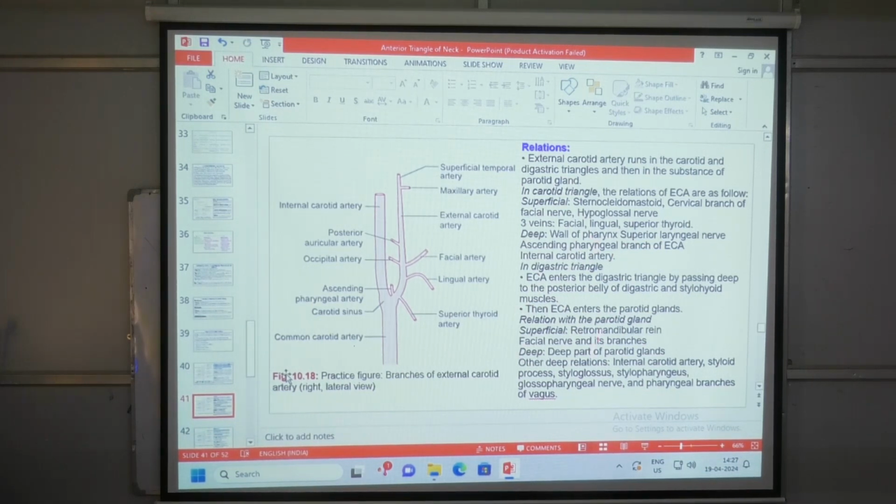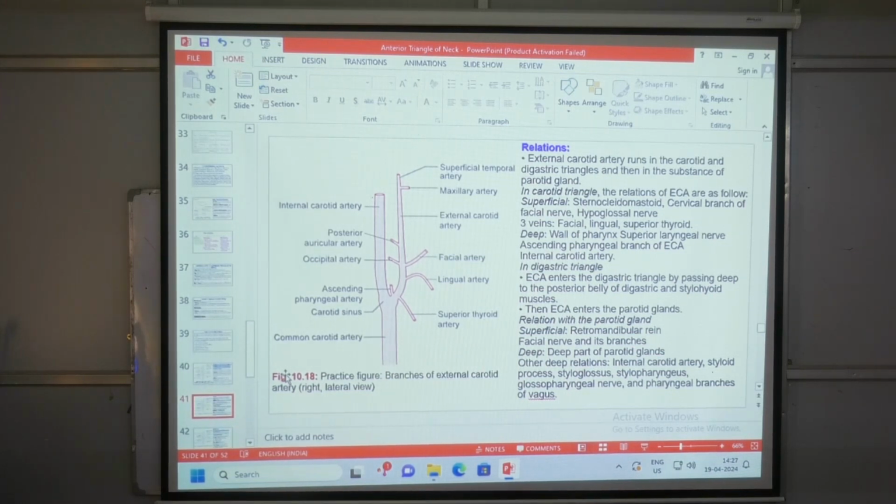Now, in the digastric triangle, the external carotid artery enters the digastric triangle by passing deep to the posterior belly of digastric and stylohyoid muscles. Then the external carotid artery enters the parotid gland. Its superficial relations within the gland are the retromandibular vein, and the facial nerve and its branches.